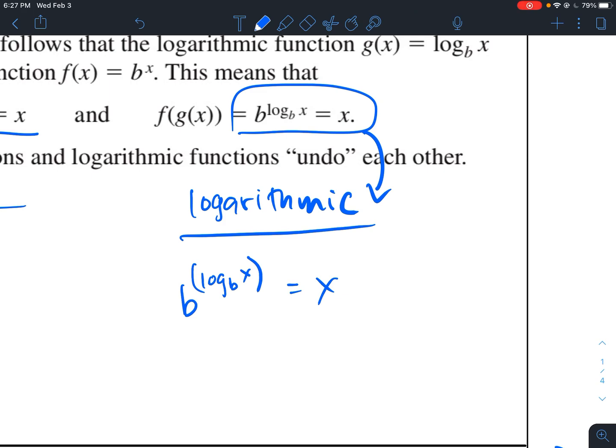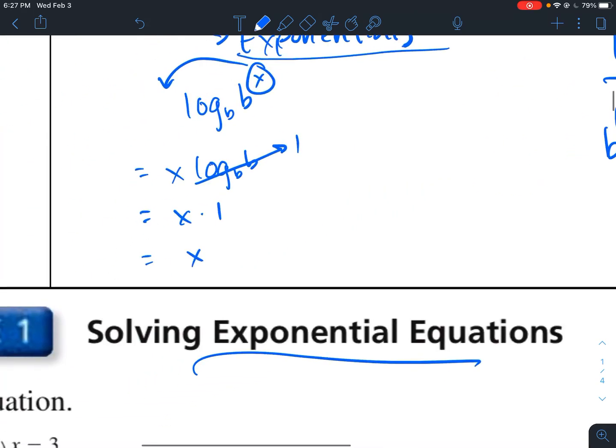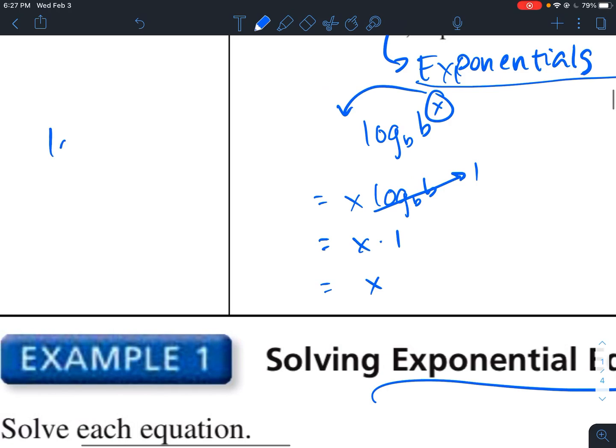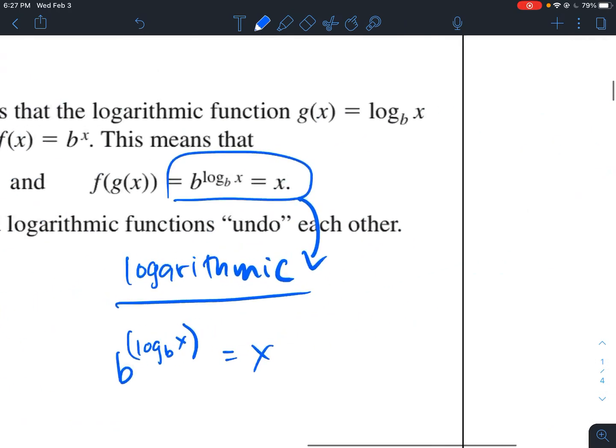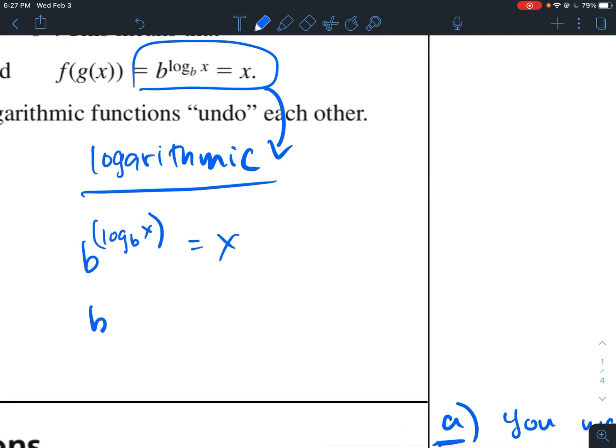It's kind of the same thing as we talked about over here. If you have log base b of b, it is equal to 1. Similarly, if b is raised to the logarithm with base b of x, then the base and the logarithm cancel out, and you're just left with x. So that's how you get x.